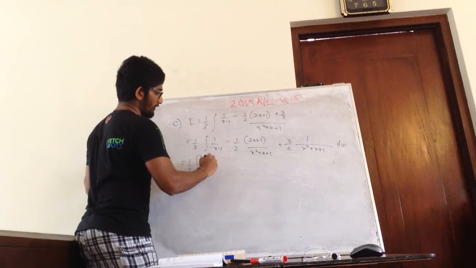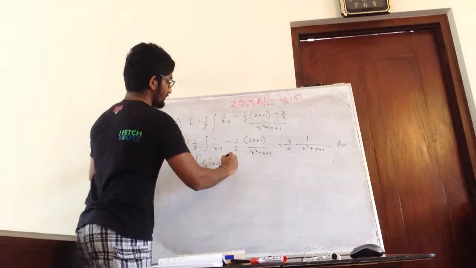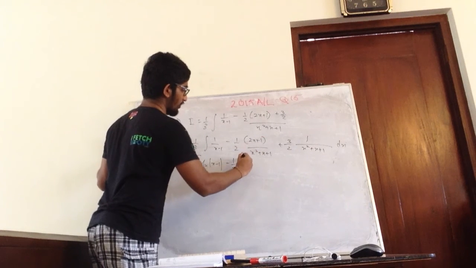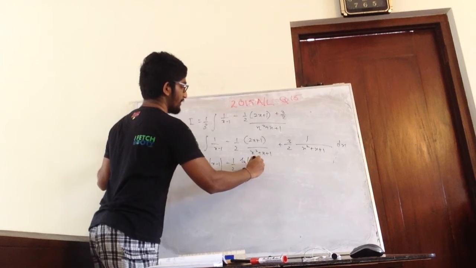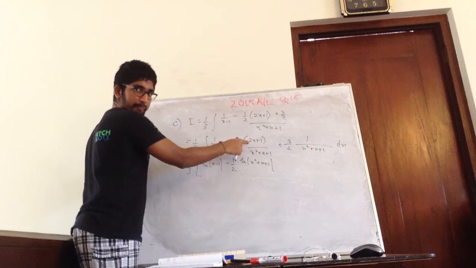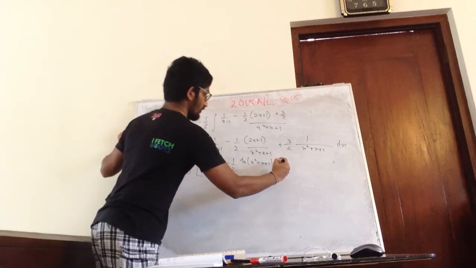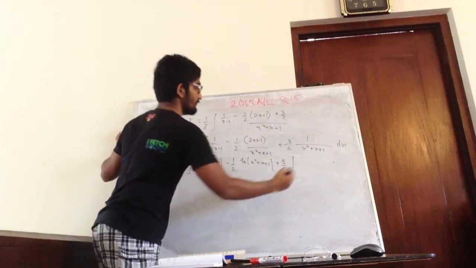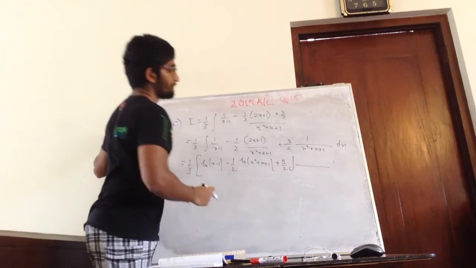This will become ln of x minus 1, minus half, which is anyway there. Then if you integrate this part, it's going to be ln of x squared plus x plus 1, because the differentiation of this is this. Correct, no? Last is 3 over 2 times the integration of this, no?